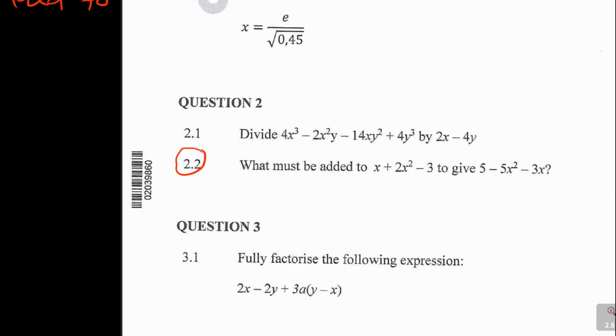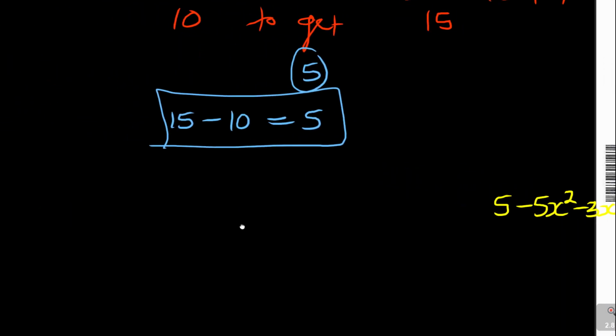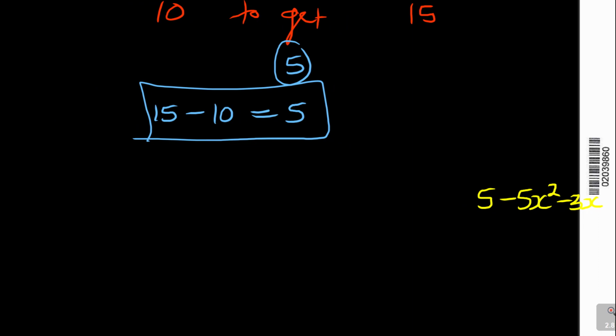Let me write it down here so that I can follow up. It's 5 minus 5x squared minus 3x. Let's take it here. This will kind of represent my 15, you see?